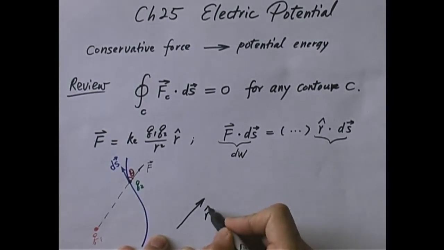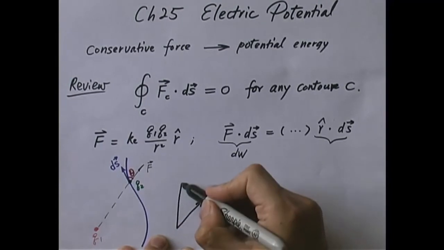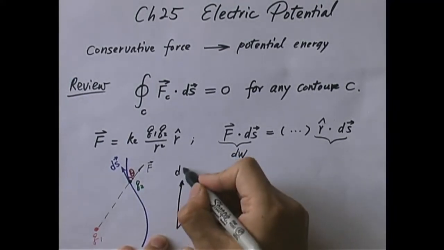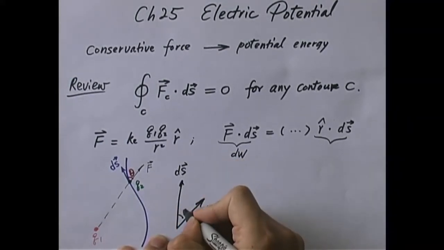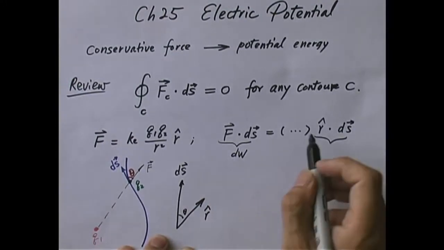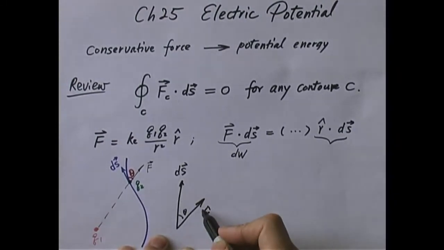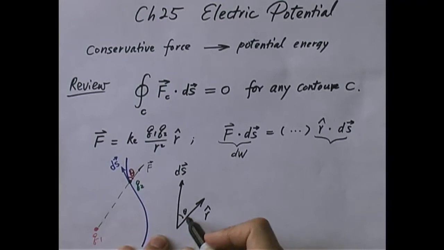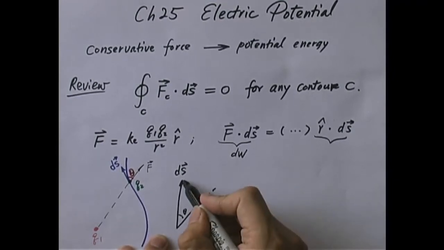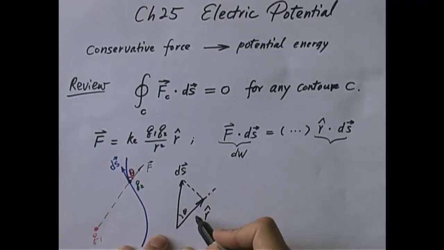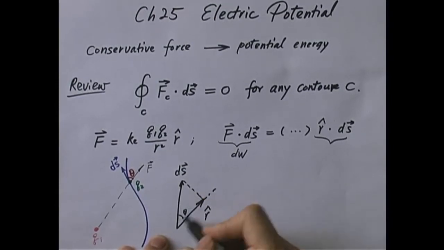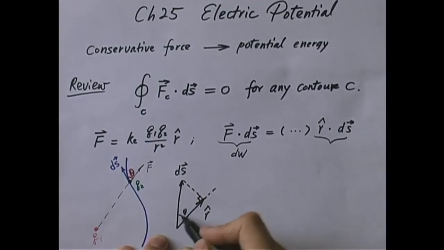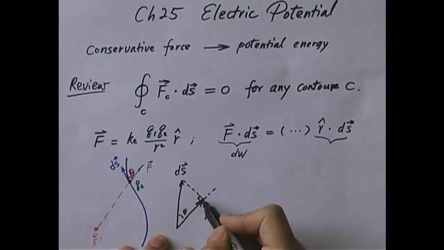This is the unit vector r-hat, and this is ds. This angle is theta. What exactly is r-hat dot ds? That would be r-hat times ds times cosine theta. R-hat has a magnitude of 1, so r-hat dot ds really is just this length, from here to there, because this is 90 degrees, and here's the angle theta, so ds cosine theta is just that.